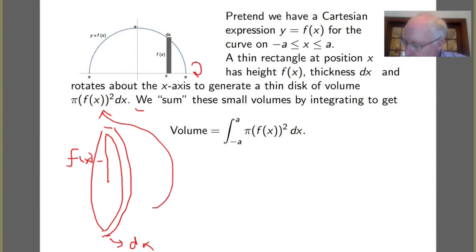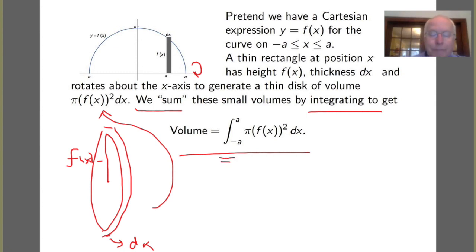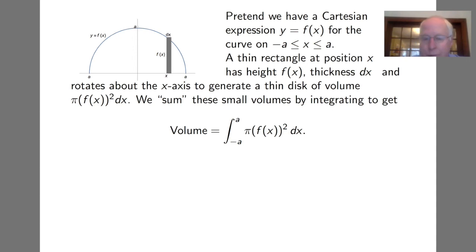And then we, as usual, sum these small volumes by integrating. And so our expression for volume of revolution should be familiar. If we have a function y equals f of x describing a curve, rotated about the x-axis, it's just given by the integral of pi f of x squared dx. In this case, our limits run from minus a to a. Now we're going to see how to change this into an integral involving the parametric equations.